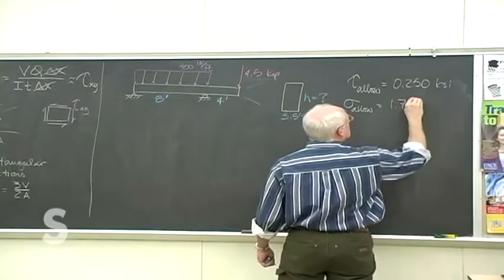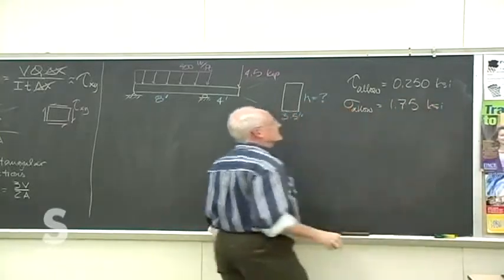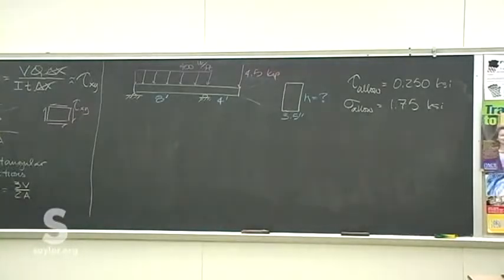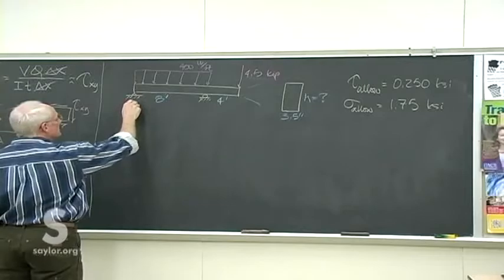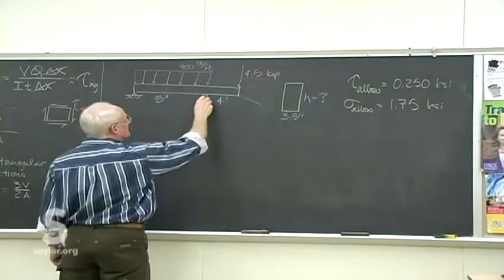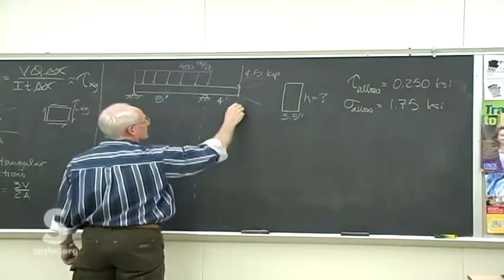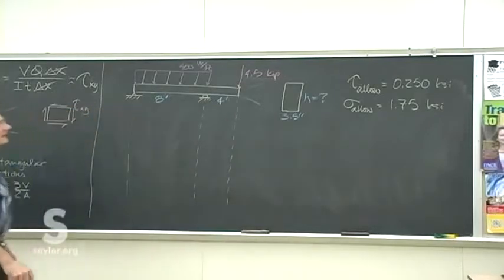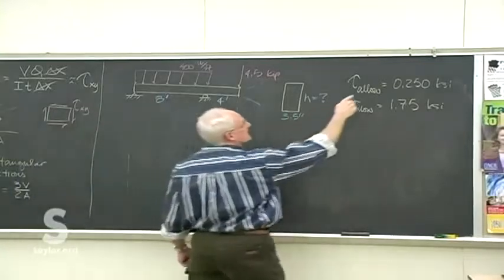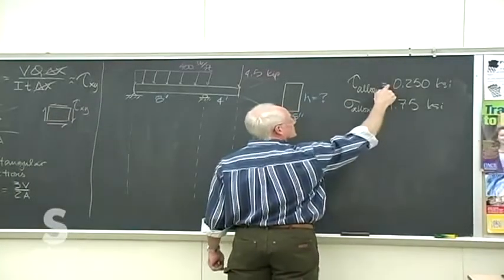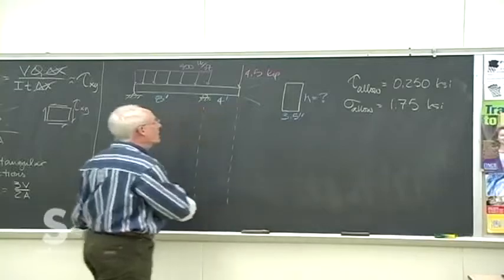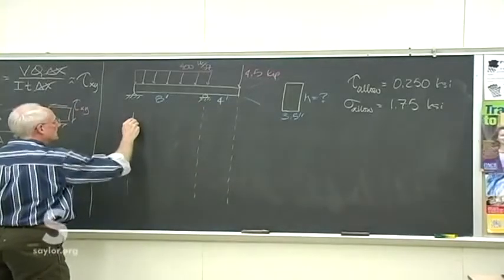So we're getting more capability now of designing a good cross section because we can deal with it not only in terms of bending, but in terms of longitudinal shear as well. Okay, so we need to know what the maximum shear is to avoid that trouble. We need to know what the maximum moment is to avoid that trouble.